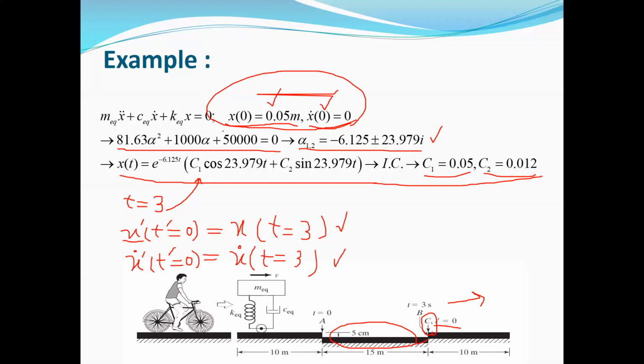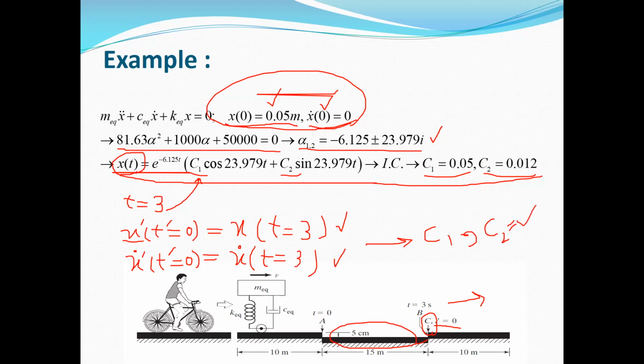This time you can solve the equation, and you know the solution: x prime is exactly like x(t), but c1 and c2 will be obtained using two different initial conditions, and we can extract two different c1 and c2. Here we found c1 equal to 0.05 and c2 equal to 0.012, but this time you will extract two different c1 and c2 for this system.